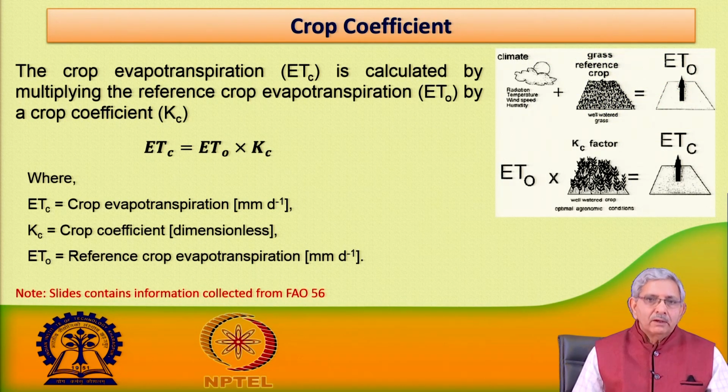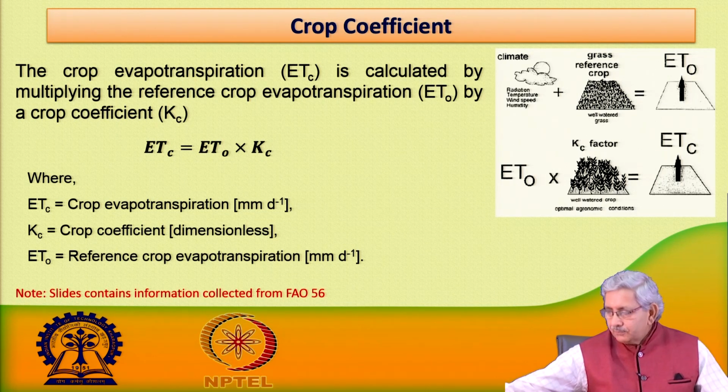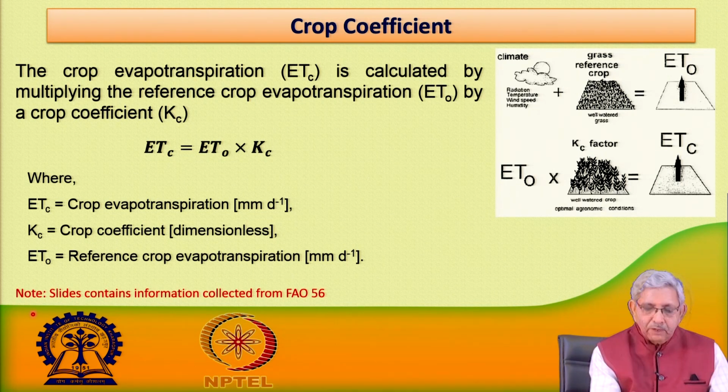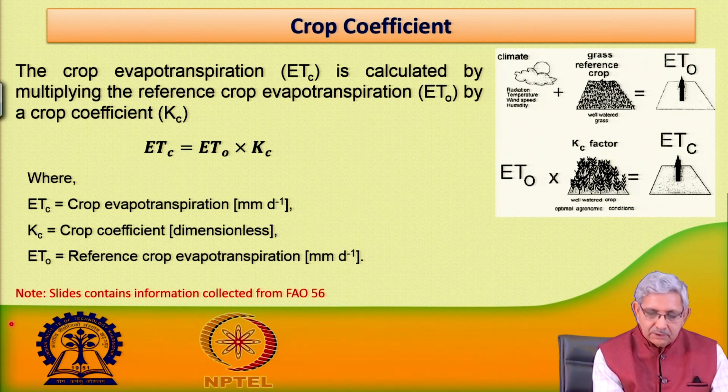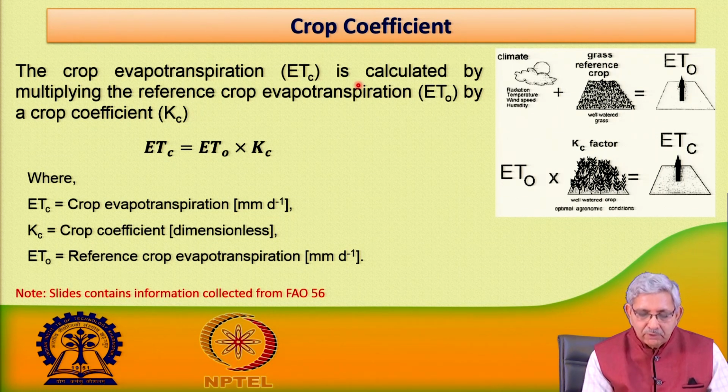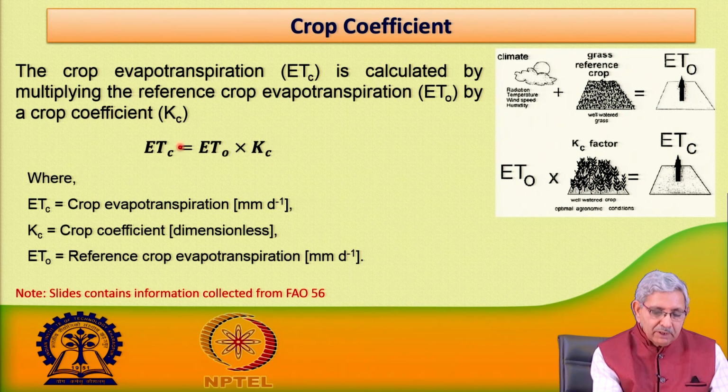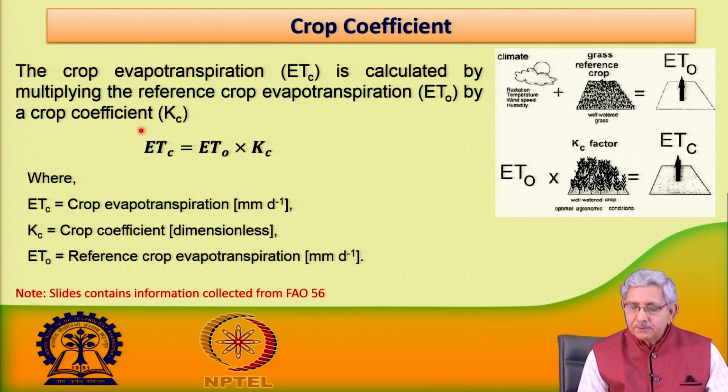So, let us know what the crop coefficient is. When we calculate ETc, that is crop evapotranspiration, we multiply reference crop evapotranspiration with Kc, and it gives the value of actual crop evapotranspiration.